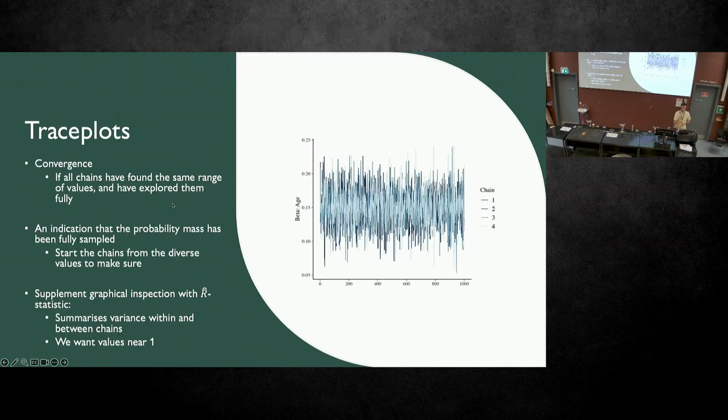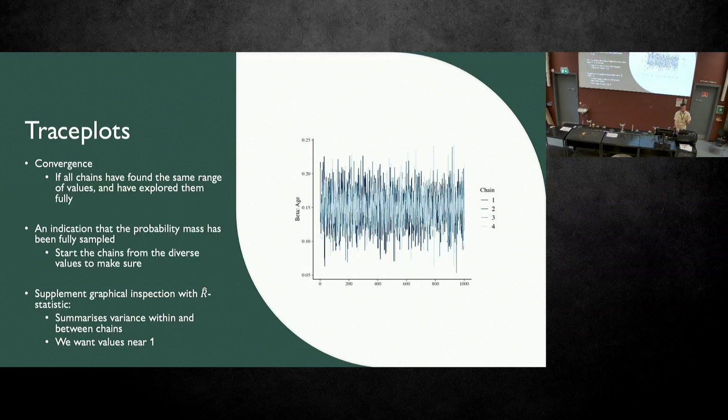Now, just because things appear sufficient graphically, it might not always be the case statistically. So we like to supplement these with some statistical checks. You might have heard these described as the R-hat statistic, which is the variance within chains compared to between chains.